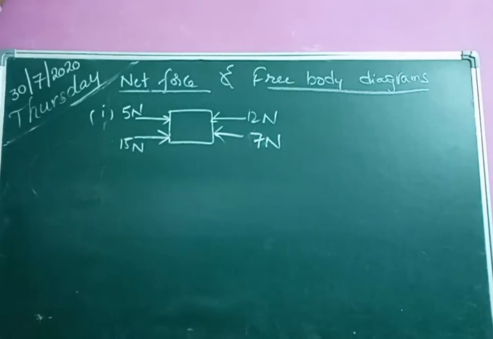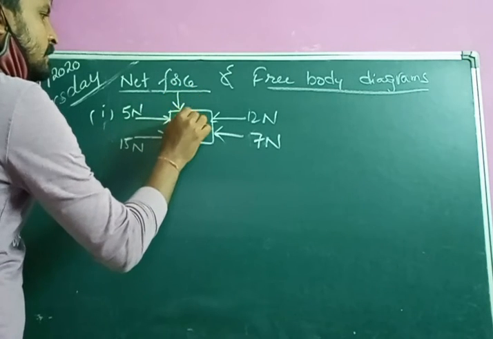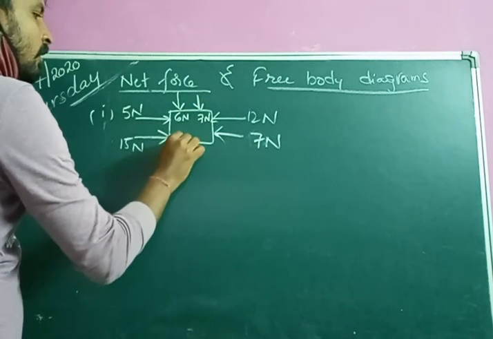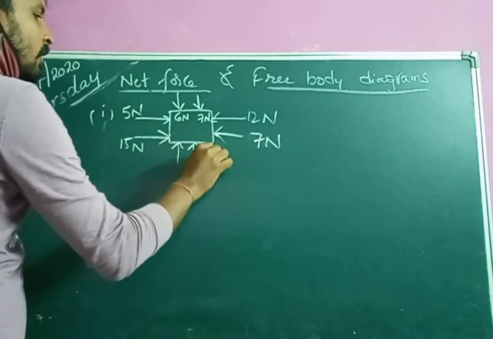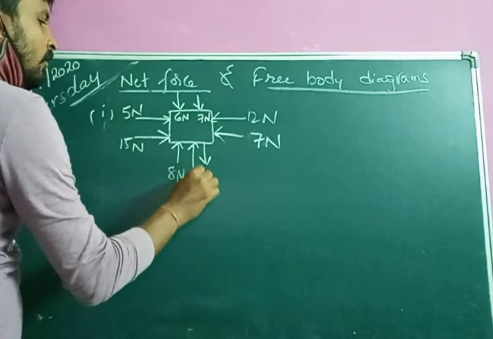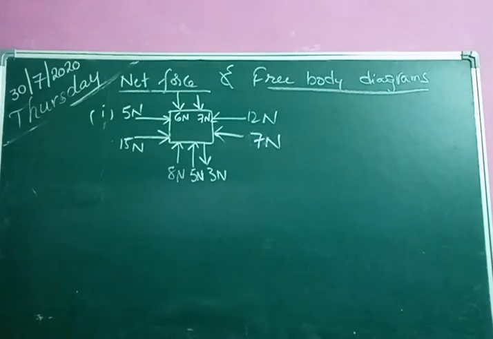And in the vertical direction, the forces acting are, let's say, 6, 7, 8, 5, and 3 newtons. So that is the question. How can we find the net forces based on the previous data?